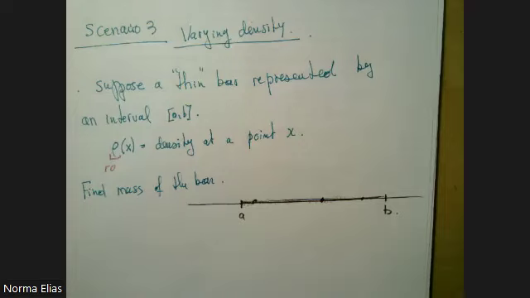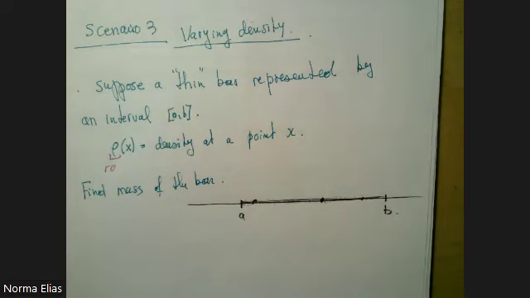So how can we deal with this mess? Anybody else? Remember, the only thing we do in this part is do what? We need a function. No, actually we don't, we have it, it's the density that's changing. We need an idea. How are we going to find the mass of this bar?